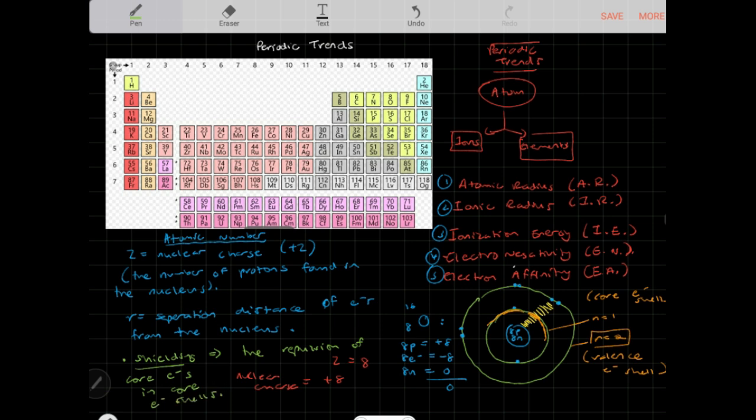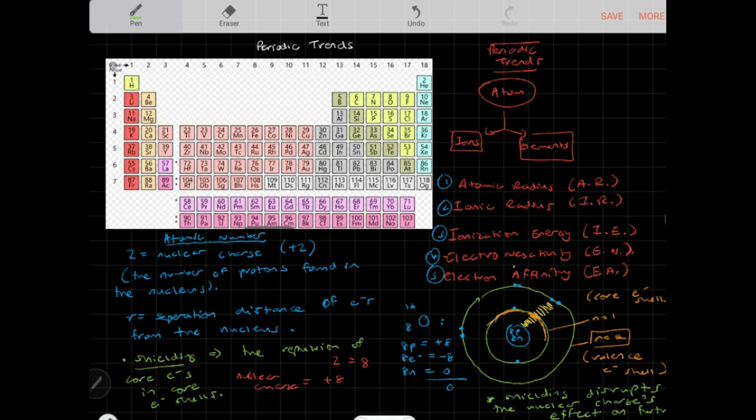In core electron shells, where we have filled shells, these electrons will repel each other, and shielding will disrupt the nuclear charge, specifically the nuclear charge's effect on further electrons.